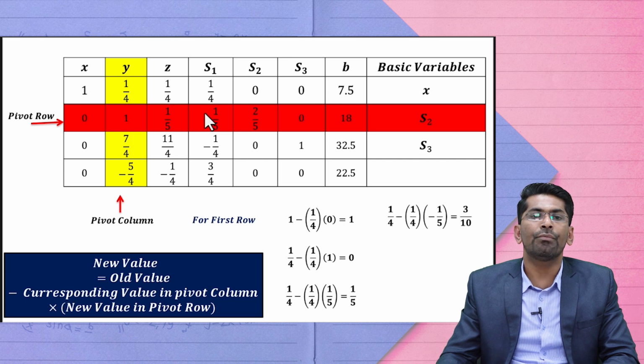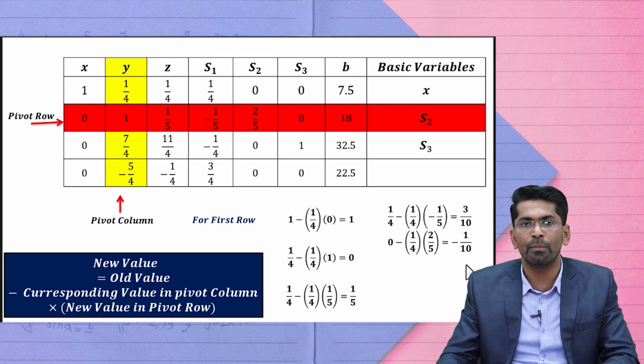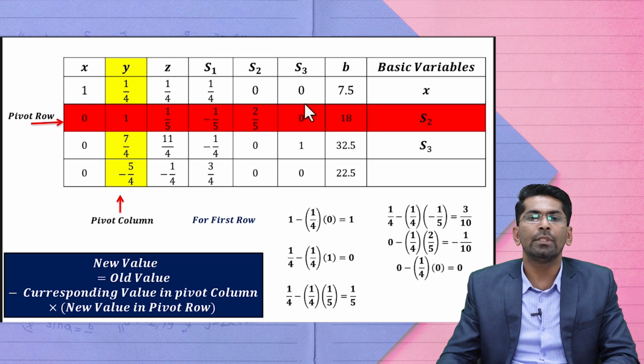Then 1 by 4 again here, minus 1 by 4 into minus 1 by 5, which is equal to 3 by 10. Then we have 0 minus 1 by 4 into 2 by 5, which is equal to minus 1 by 10. Then again we have 0 minus 1 by 4 into 0, which is equal to 0. Then we have last one, that is 7.5 minus 1 by 4 into 18, which is equal to 3.